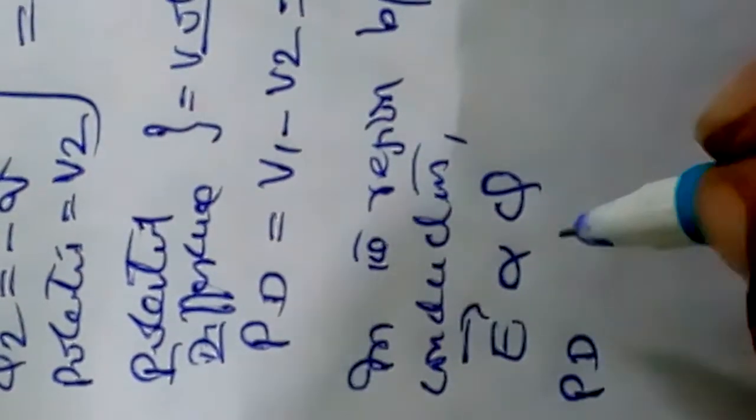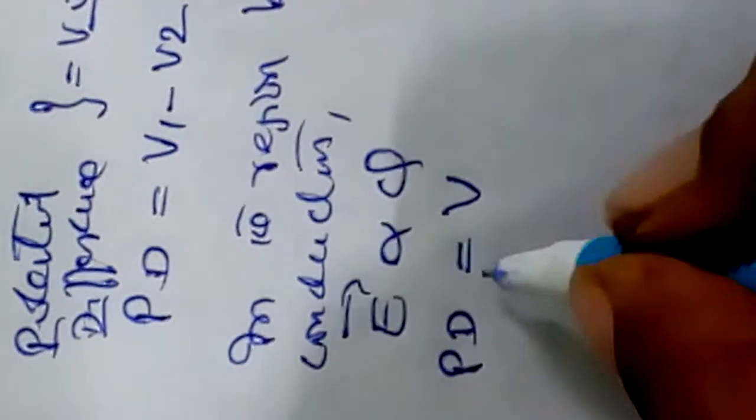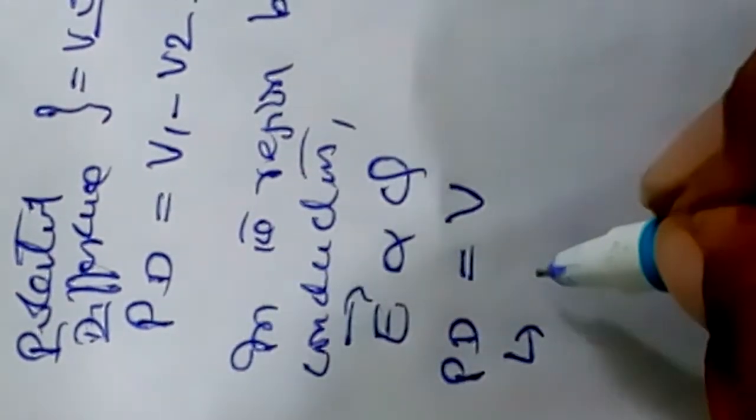Now, just now we have identified that the potential difference is equal to V. What is potential difference or voltage?